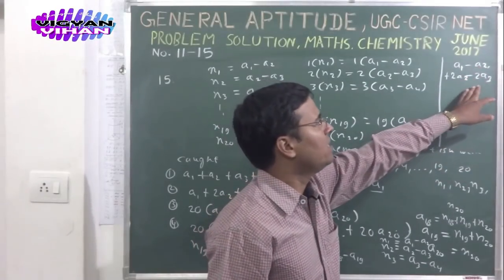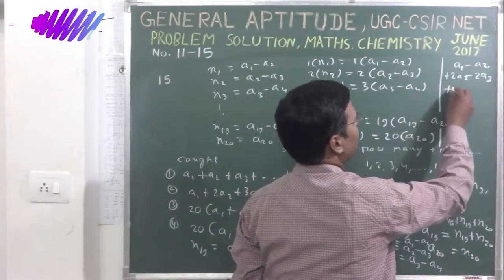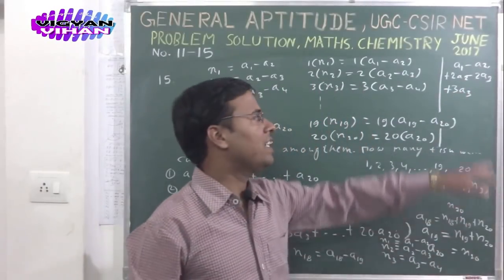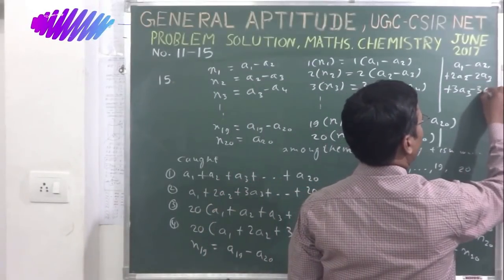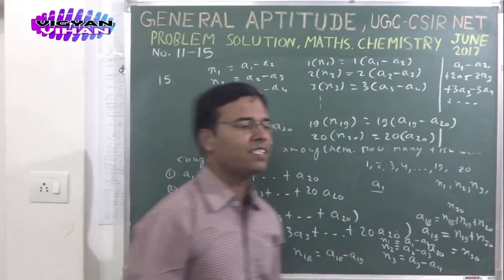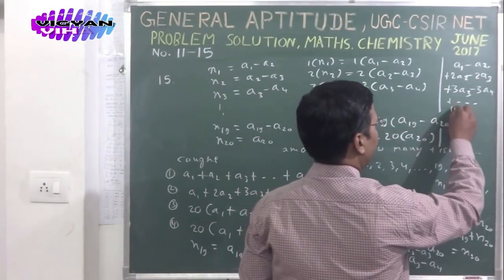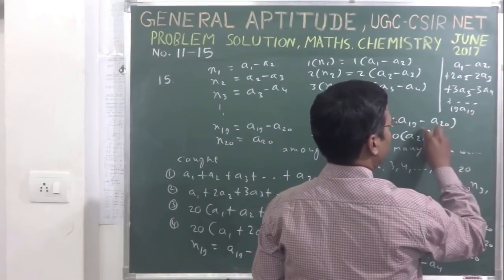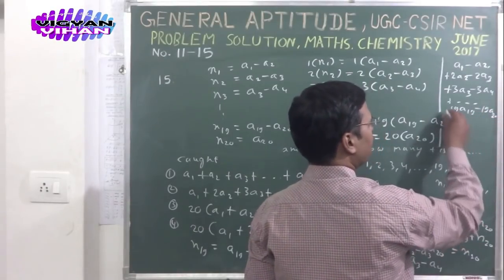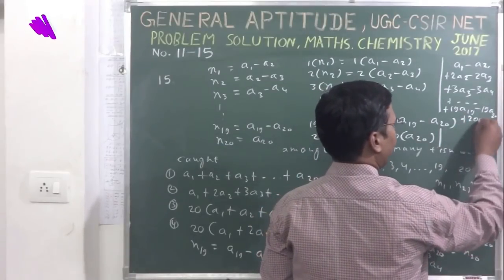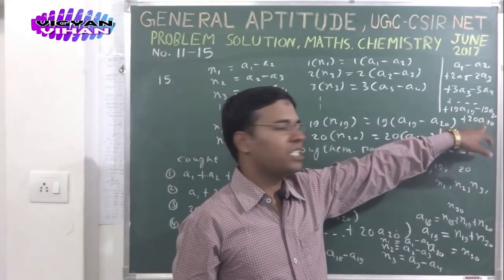Here it is minus 2A3, here it is plus 3A3, so again you will get A3 in positive sign, minus 3 A4, and similarly you will get the higher terms. For the last terms you will get 19 A19 minus 19 A20 with minus sign, plus 20 A20. So here also for the last term you will get A20 with positive sign.